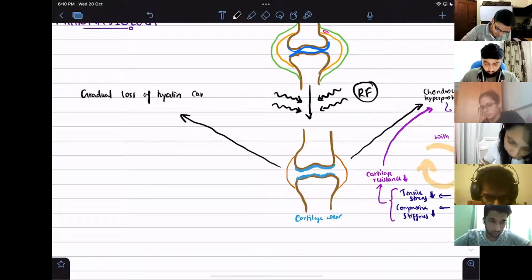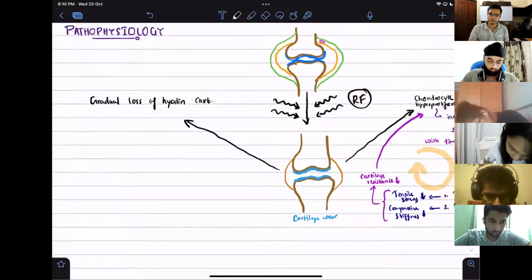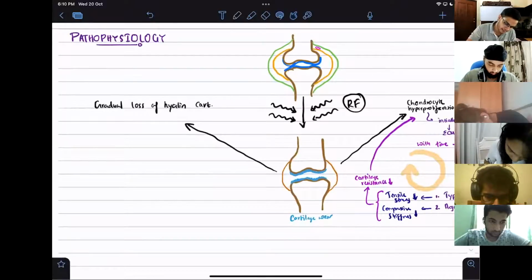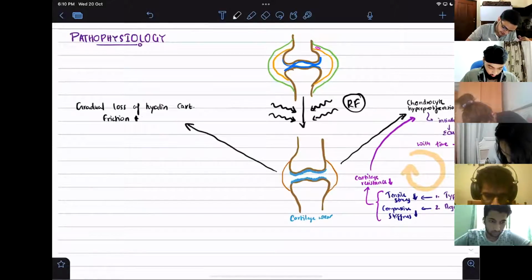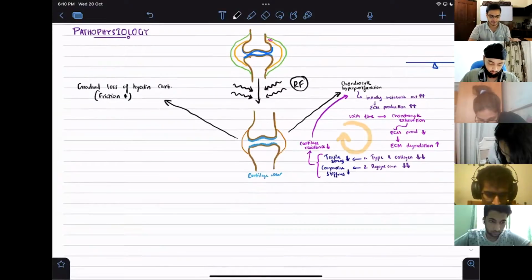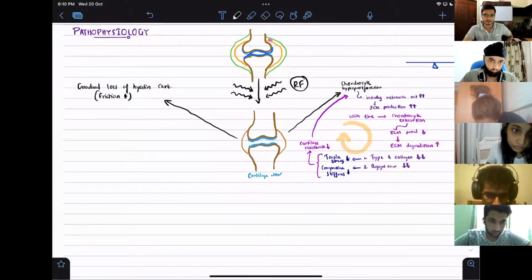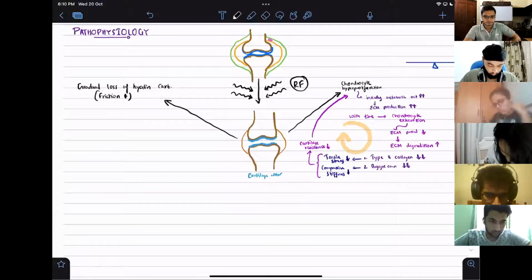Whenever hyaline cartilage is being reduced in our synovial joint, what do we know? Friction increases.